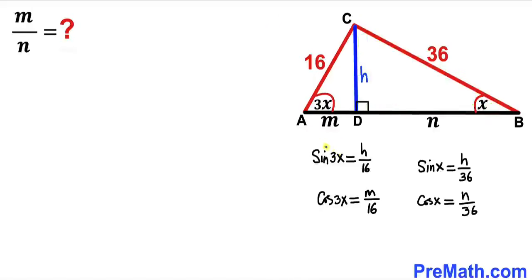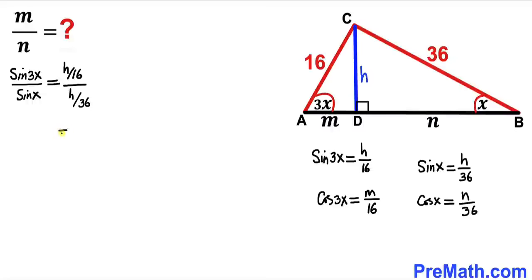Here's our next step. We are going to calculate the ratio of sine of 3x and sine of x. So sine of 3x divided by sine of x equals h divided by 16, divided by h divided by 36.